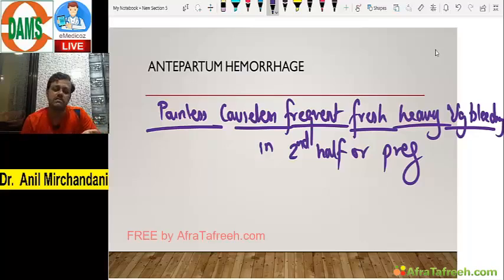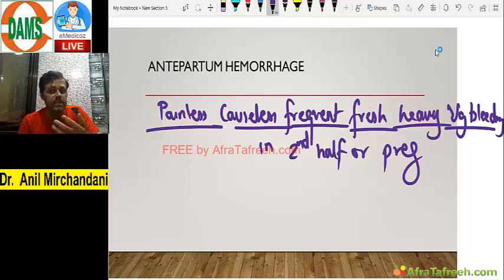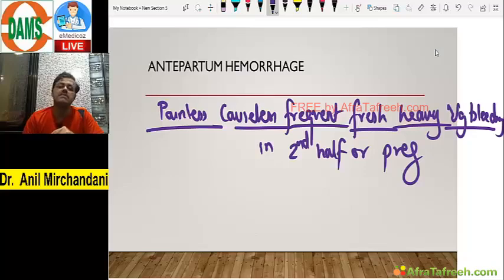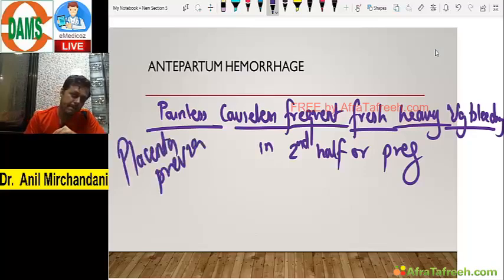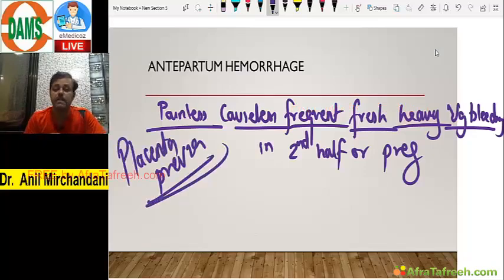Causeless: there is no trauma, there is no hypertension, there is no cause. Frequent: this happens again and again. It will be fresh blood, not collected, dark colored blood as in abruptio. It will be heavy bleeding. This is placenta previa bleeding. Your diagnosis would be placenta previa.